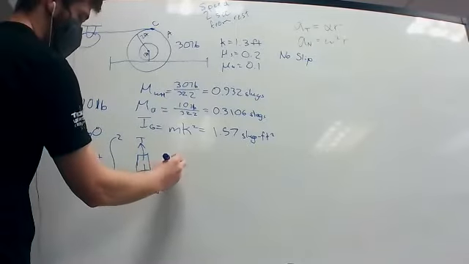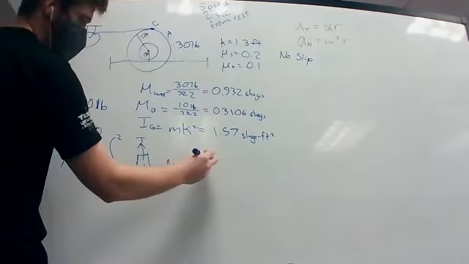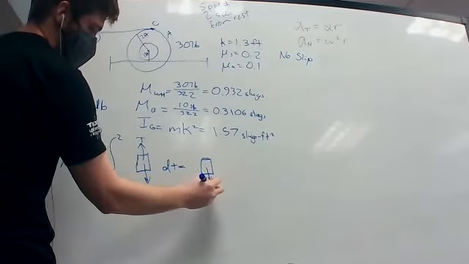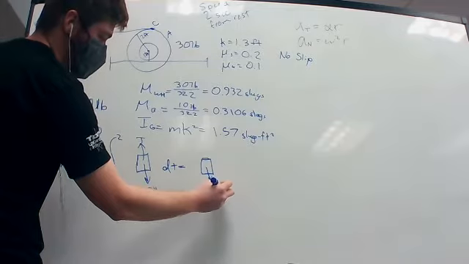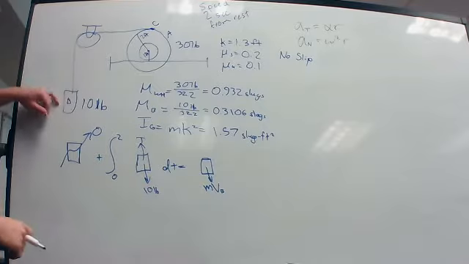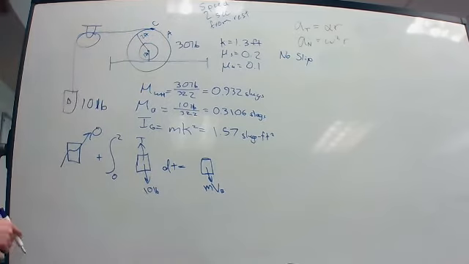That's going to be dt and equal to mvb, mass times velocity of the block. We know that's going down because this weight is going to pull this way, the wheel is going to turn, and that's just how the system is going to move.